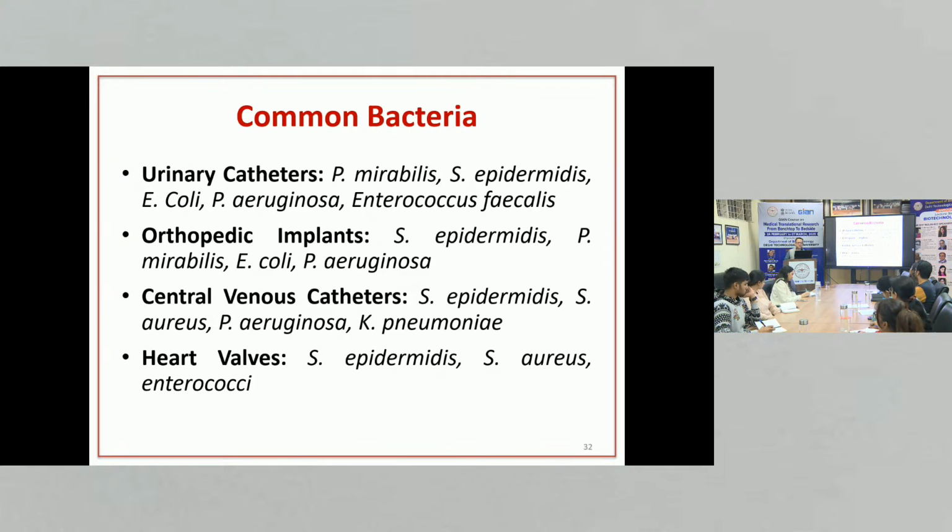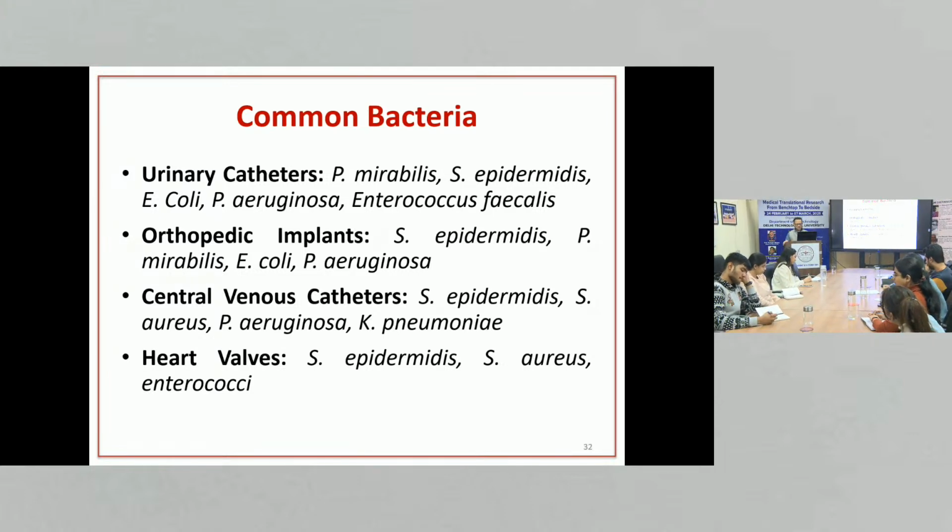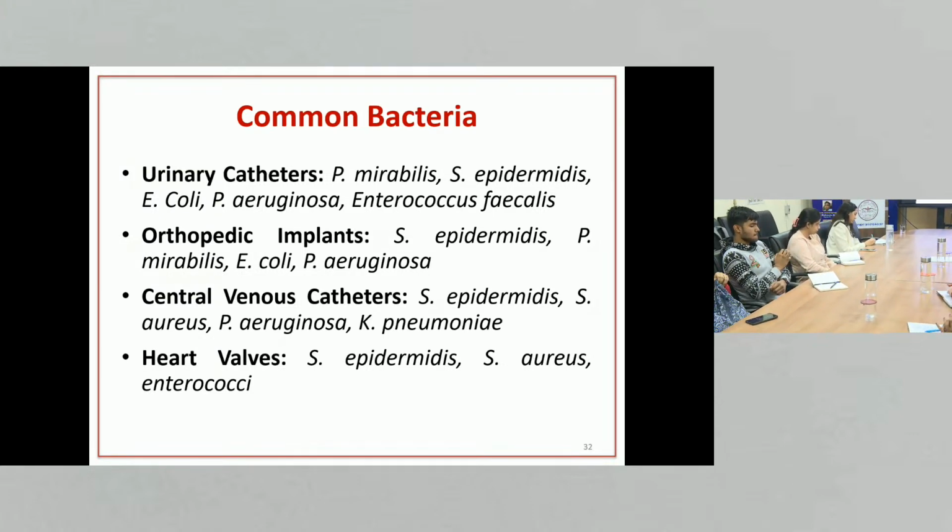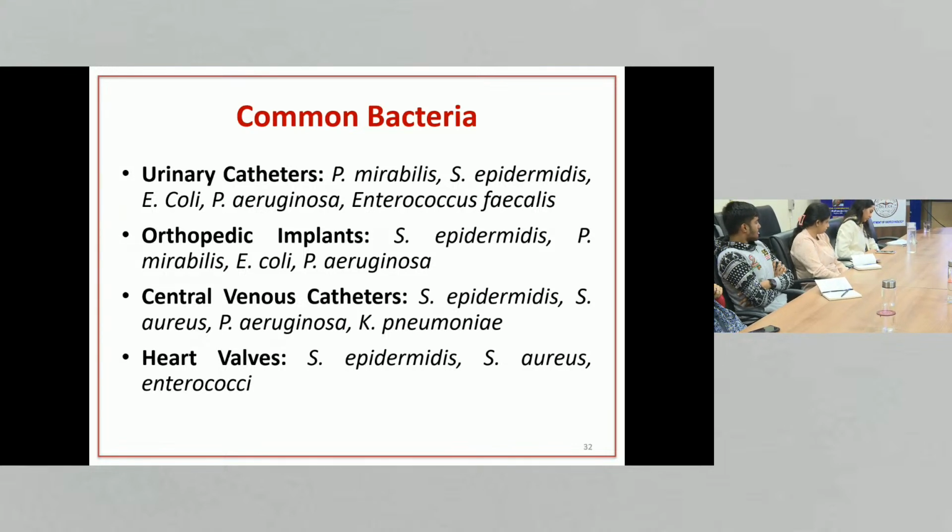Depending on the application of the medical implant, it's still almost the same bacteria that we talked about, but for urinary catheters, Proteus mirabilis is a big bacteria. Okay, we'll talk maybe soon about why. But E. coli, Pseudomonas.